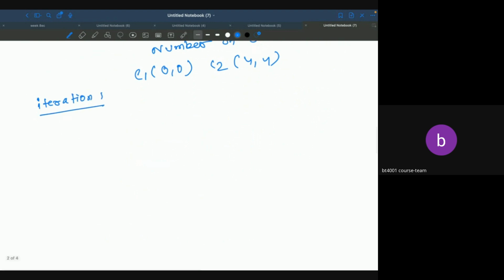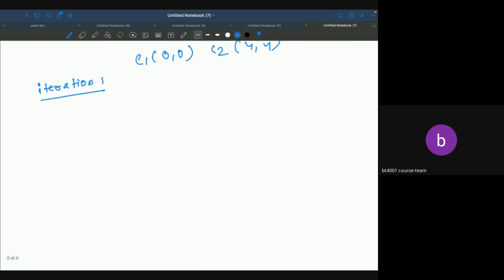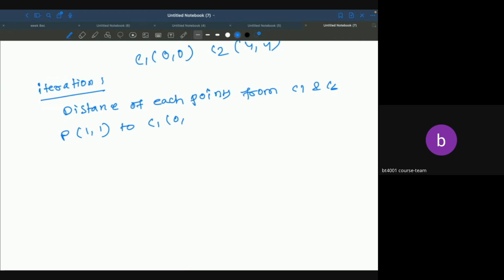Iteration 1. Let's find the distance of each point from C1 and C2. P(1,1) to C1 (0,0): what will be the distance?